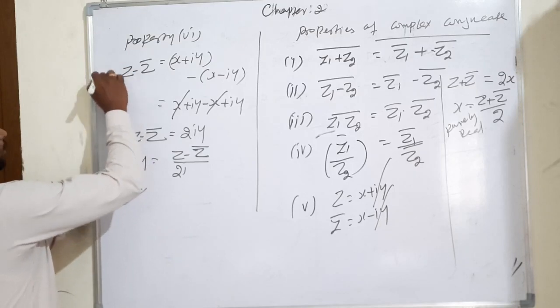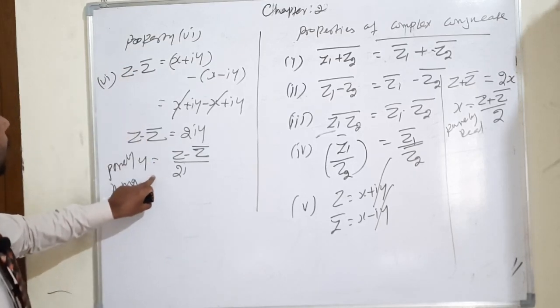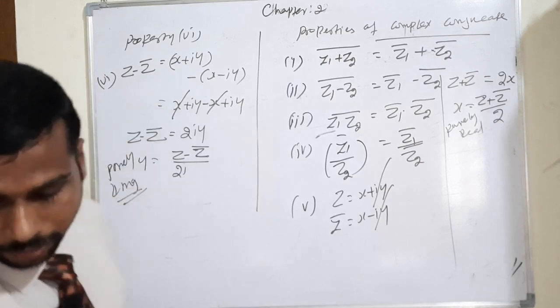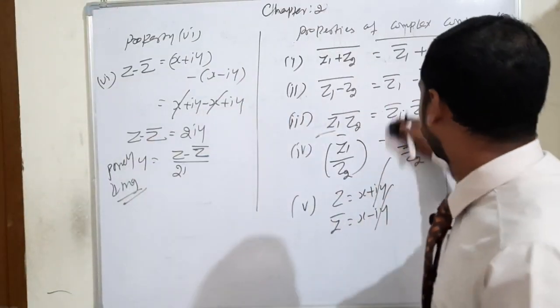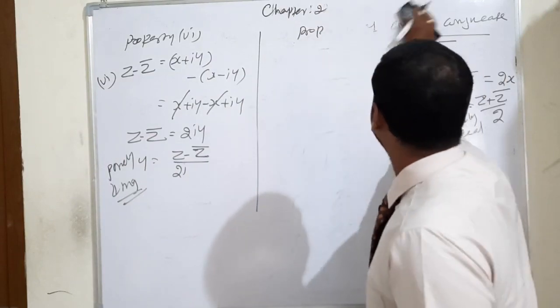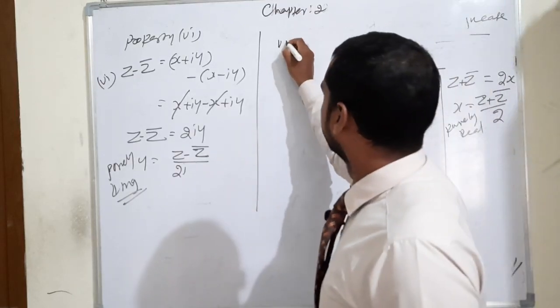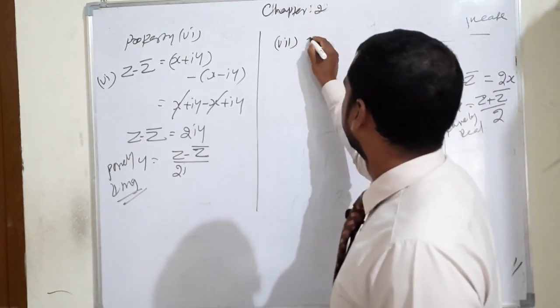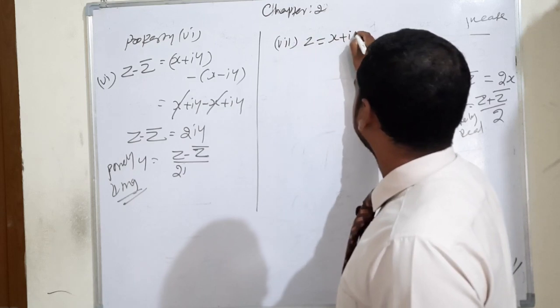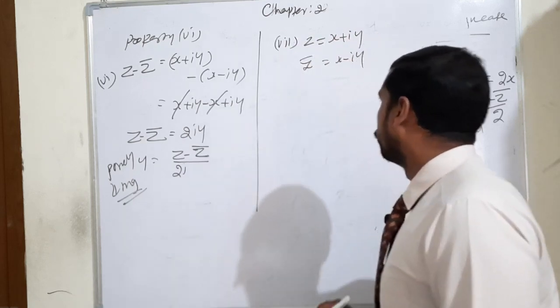Then another one, when x is equal to 0. Property number 7, which is also important. Z is equal to x plus iy, Z bar is equal to x minus iy.